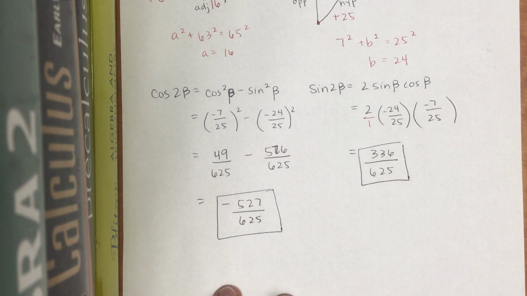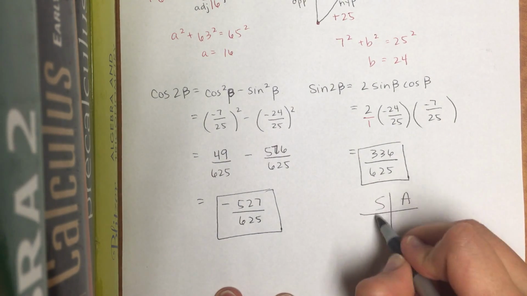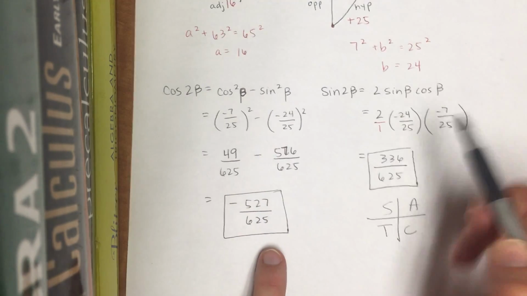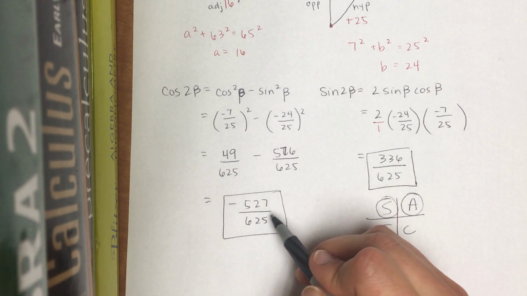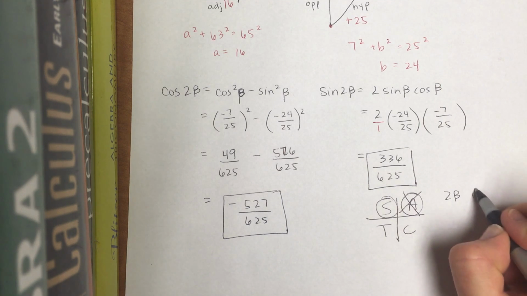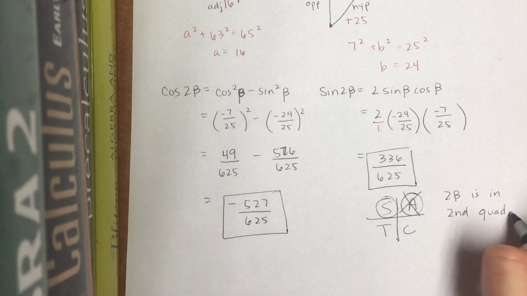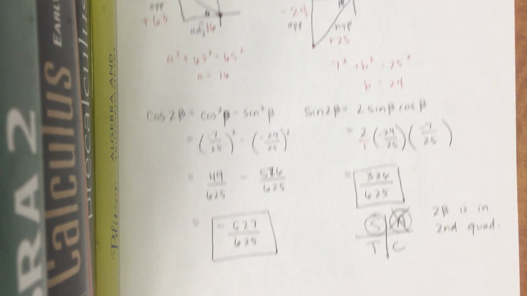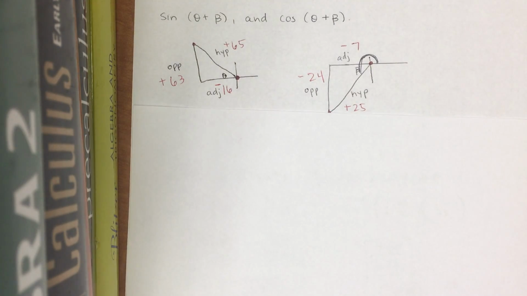You can look at the signs here, plus or minus signs, and use all students take calculus. 2 beta has a positive sine value, so it's in one of these quadrants, but a negative cosine value, so 2 beta is in the second quadrant. Just a side note.